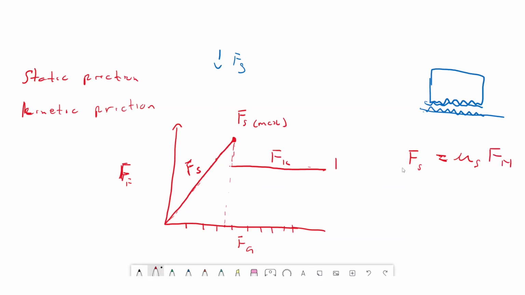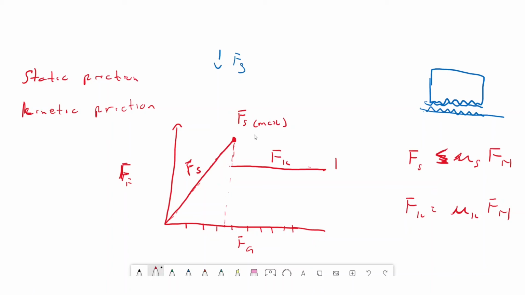So the static friction is dependent on the normal force. The kinetic friction is given by the coefficient of kinetic friction multiplied by the normal force. In reality, the static friction is less than or equal to this value. At some point it is going to be equal to this value, and before that it is going to be less than that value. That's how this equation is written.